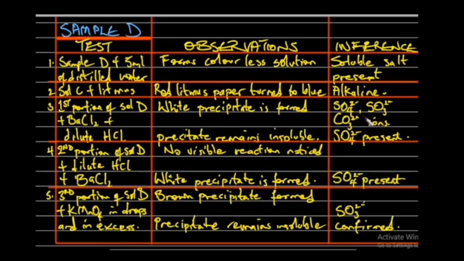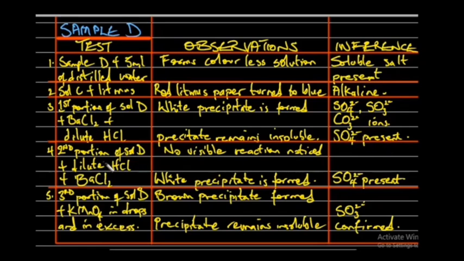We discovered that this could have been a result of the presence of SO4 2-, SO3 2-, or CO3 2-. All of these could have led to these results, that is, the white precipitate formed when we added barium chloride. But since the precipitate remained when we added dilute HCl, it informed us that there was a possibility of having SO4 2- there.